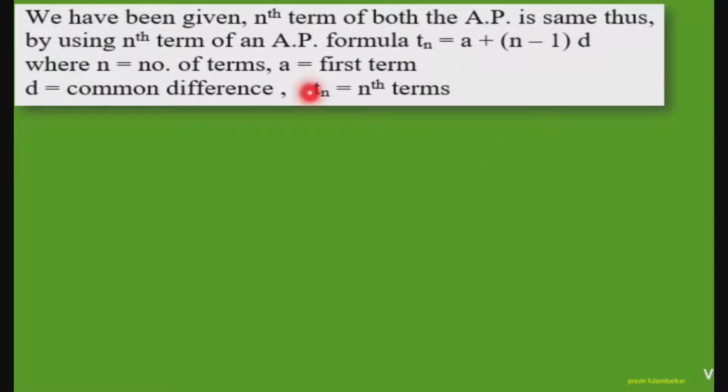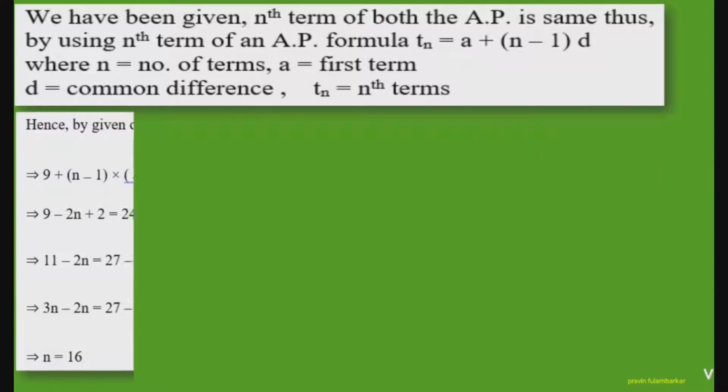Now we have given nth term of both the arithmetic progression is same. Thus by using the nth term of an arithmetic progression formula, we know that Tn equals A plus n minus 1 into D, where n is the number of terms, A is the first term, D is the common difference, and Tn is the nth term.